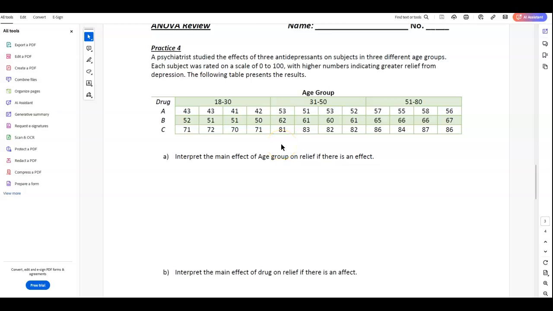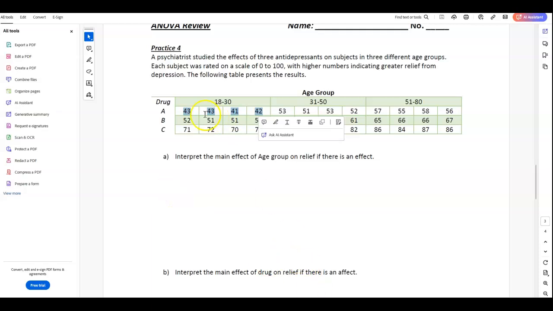So would this be one-way ANOVA or two-way ANOVA? Yes, two-way ANOVA, because we're considering age groups and drug A, B, and C and how it impacts that person for depression. Okay, two-way ANOVA, is it with replication or without? Yes, with replication, because you have multiple data values for each of those factors.